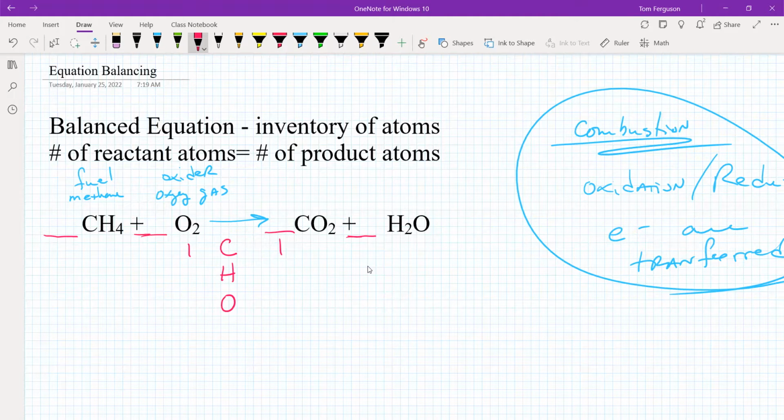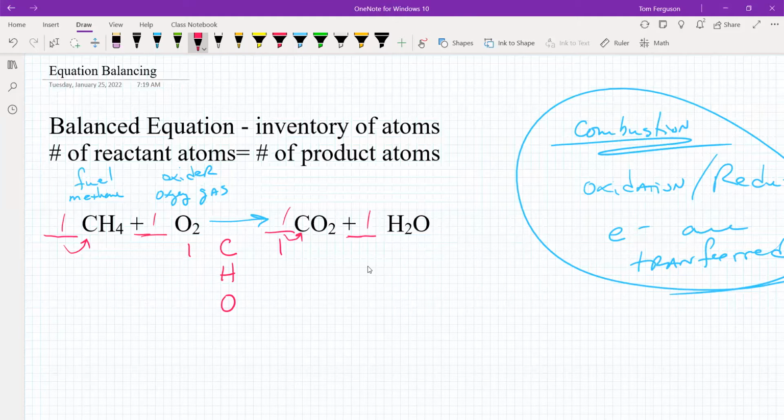Now, this coefficient of 1, we don't have to put the 1 down, it's totally optional. If you want to put the 1 down just to be complete, that's perfectly fine in my class. So we have 1 carbon.